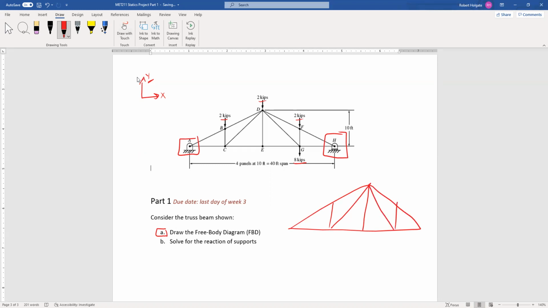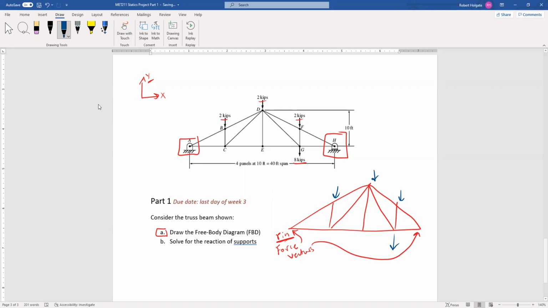So we should have what's equivalent of a pin in force vectors here and here. And then you always need to include your original external loads and their amounts here.